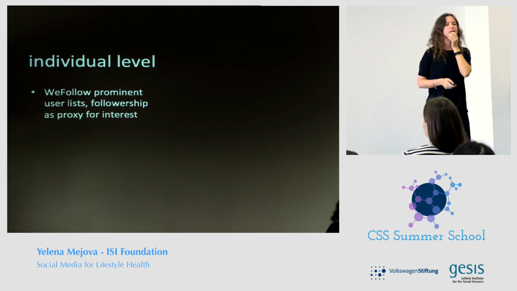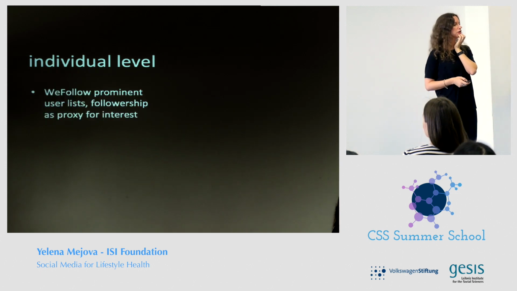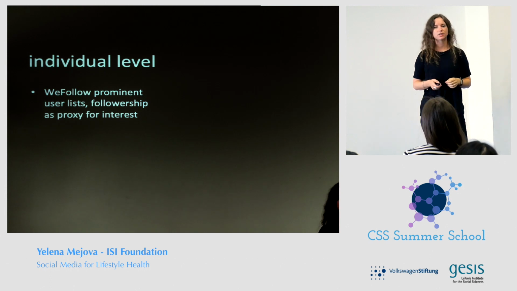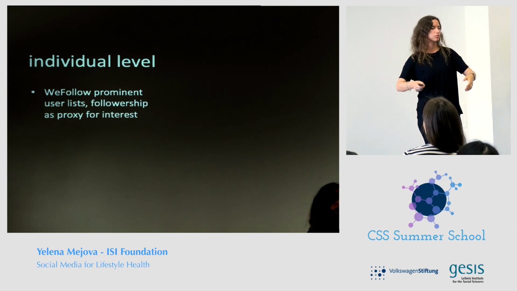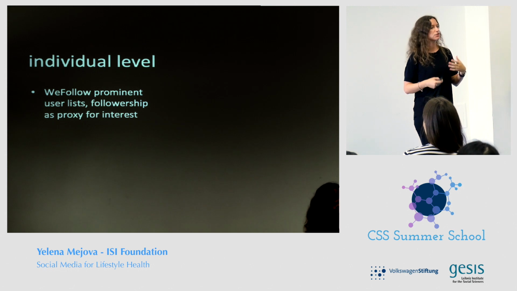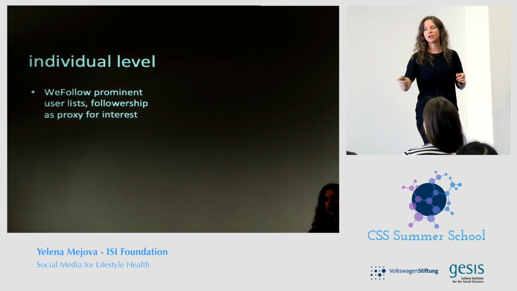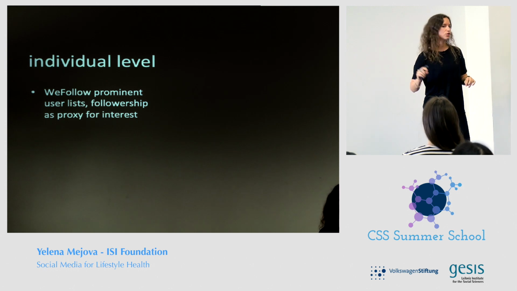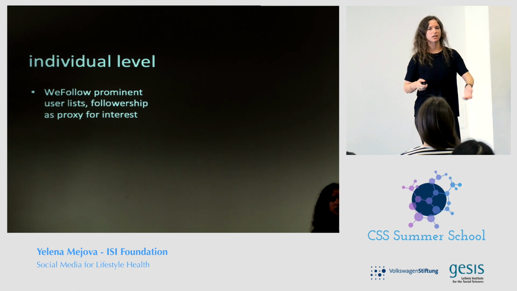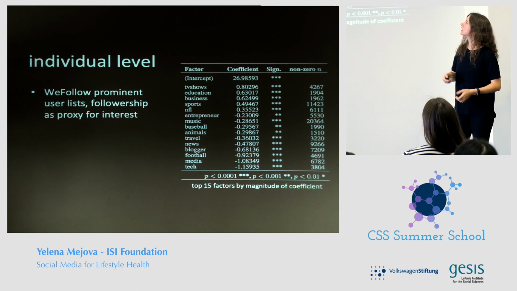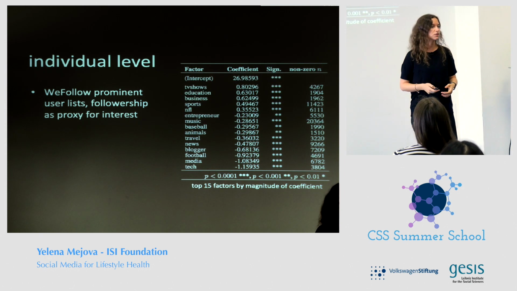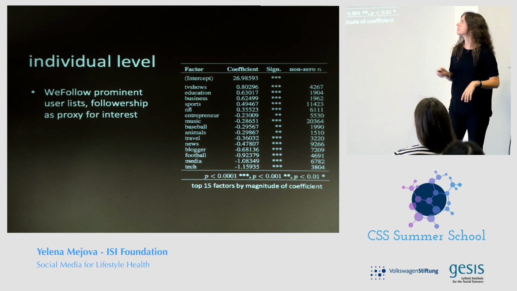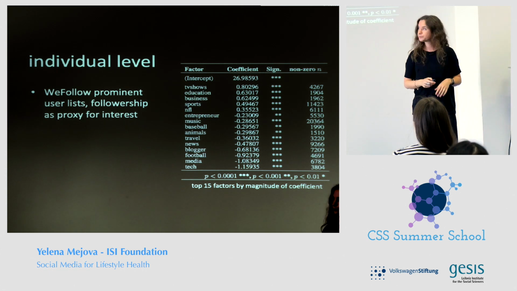Or, to understand what people are into, we can basically look at who they follow or what they read, right? For example, in Twitter, we can say, aha, you're following, I don't know, CNN and BBC, so you're into world news, and then we can extend our understanding of individuals through these means, and again correlate them with different factors around them.